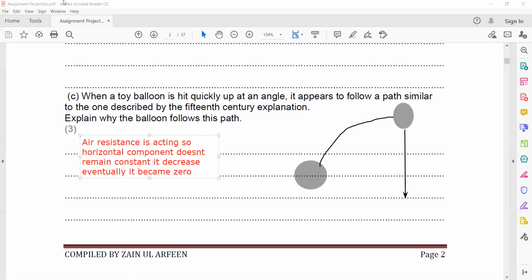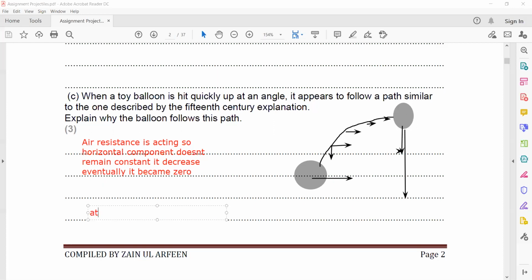Our assumption was no air resistance, so the horizontal component remains constant. But in practice, because there is air resistance, the horizontal component will decrease, and eventually there is no horizontal component, only the vertical component. If only the vertical component is there, it will move downward with the same acceleration, which is due to gravity. So with air resistance acting on the balloon, the horizontal component does not remain constant. It decreases and eventually becomes zero.